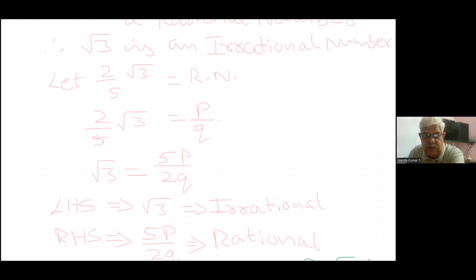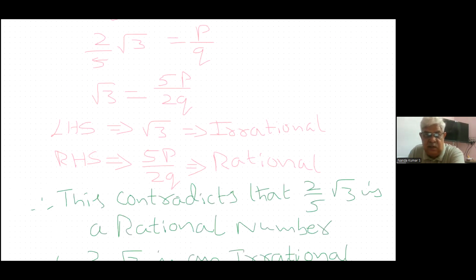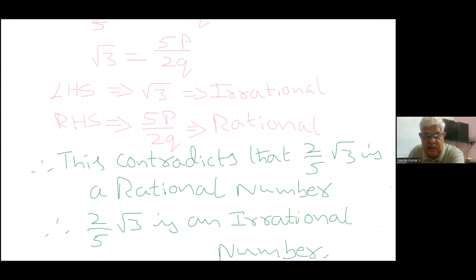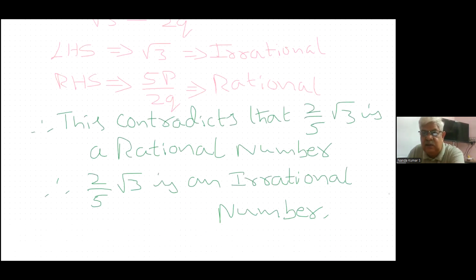So, cross multiplied, 5 into p is 5p, 2 into q is 2q. Observe carefully, one side irrational number, another side rational number, which contradicts that 2 by 5 root 3 is a rational number. Hence, we have concluded that 2 by 5 root 3 is an irrational number.